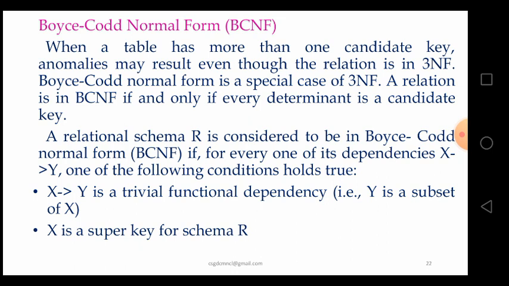For Boyce-Codd normal form, the table should be in third normal form, and for every dependency, the determinant should be a super key.